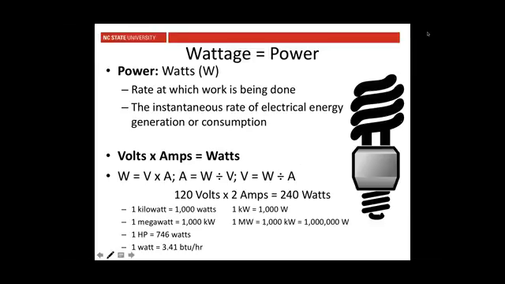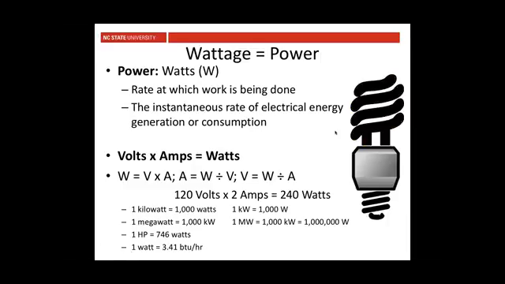Okay, so there's a light bulb over here on the right side of the screen. If we were all in a classroom and not online, I like to think about watts in terms of the lights in the room. If you turn the lights on, there's an instantaneous power draw. Let's call this a 60-watt light bulb. So it's on, 60 watts.